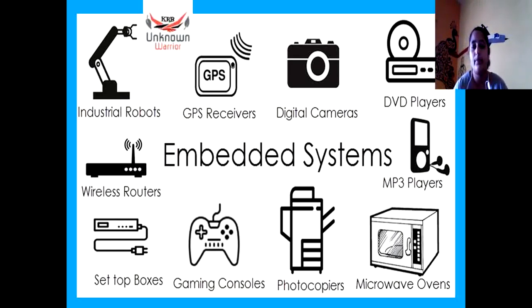Then MP3 players for listening to music. Microwave ovens, cooking delicious food. And photocopiers, then gaming consoles, the favorite one of all the children around the world to play games. Then set-top boxes for viewing television, your favorite channels. Wireless router for high speed internet facility.